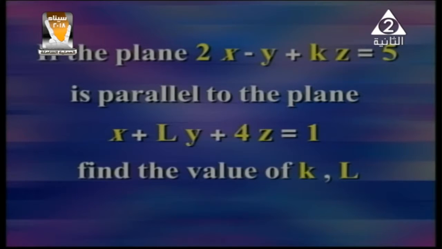Remember, two planes are parallel. Dear student, the equation of the first plane is 2x minus y plus kz equals 5. The equation of the second plane is x plus ly plus 4z equals 1. What is required? Find the value of k and l.